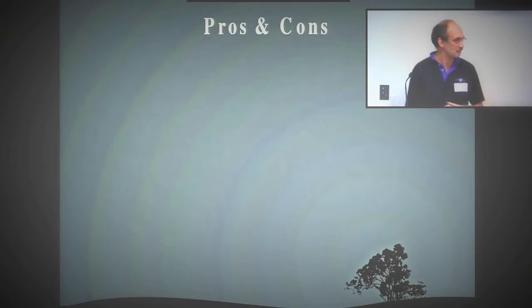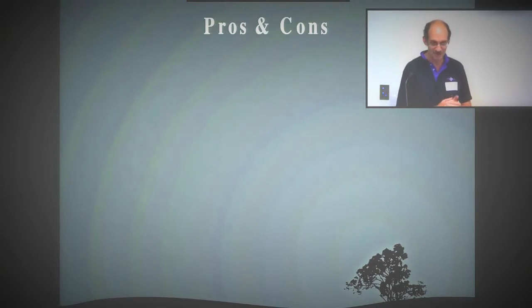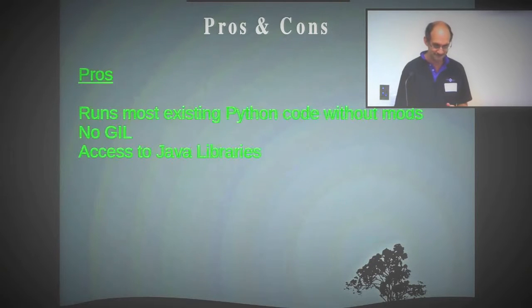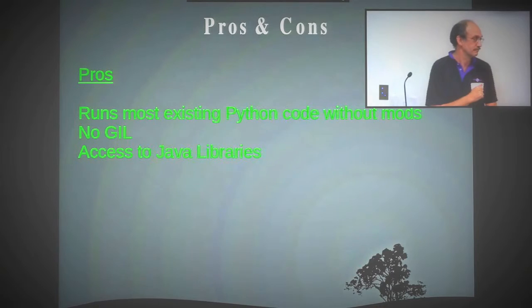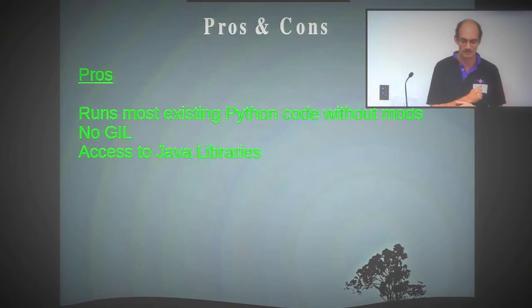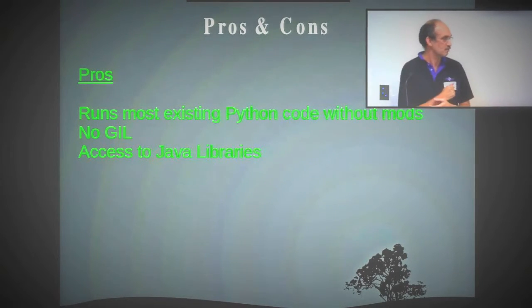Now, before we get into the nice things you can do with Jython, I thought I'd better do the pros and cons. It runs most code. Most Python code that you've got will work. The odd one, you'll have to do a little bit of a mod. It has no global interpreter lock. So if you are writing threaded programs, it does perform better than CPython with its global interpreter lock.